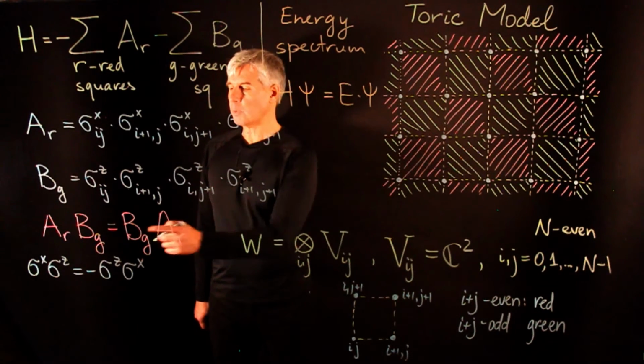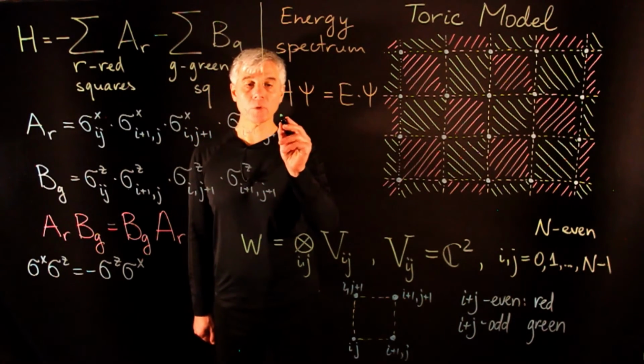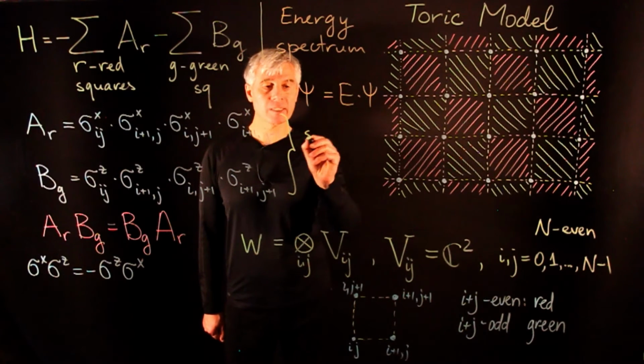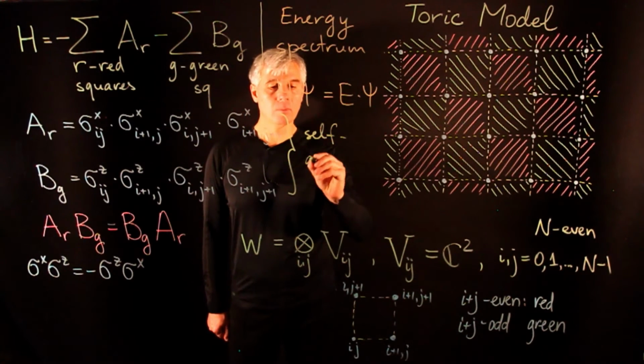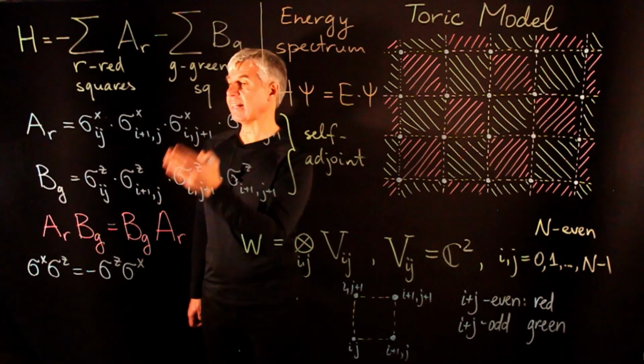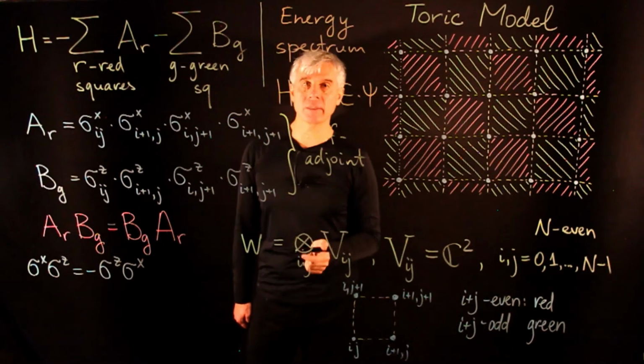The commutativity property for operators A_R and B_G is going to help us a lot. Here we point out that all these operators are self-adjoint. And now we have a collection of commuting self-adjoint operators.